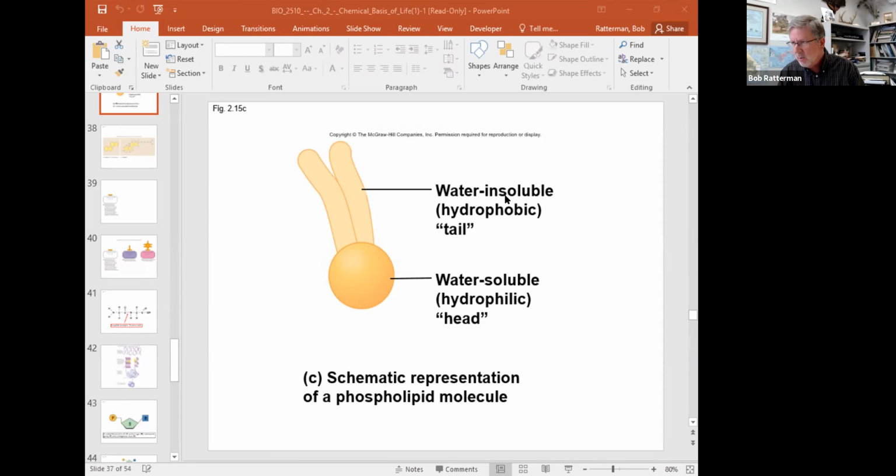Because hydrophobic means water fearing, hydrophilic means water loving. So this is an important type of lipid. So I think you should know what a phospholipid is.